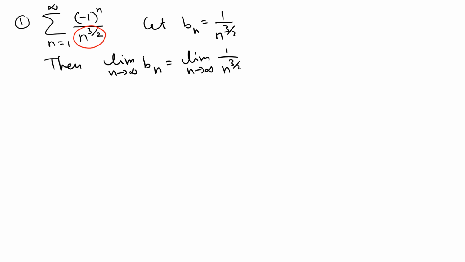It is clear that this is 0, because in the denominator the term goes to infinity. Also you can see that b_n decreases. That's very easy to see because of the denominator. If it is not obvious, we have to prove that, maybe by taking derivatives or some other argument. So b_n decreases, and those are the two conditions.